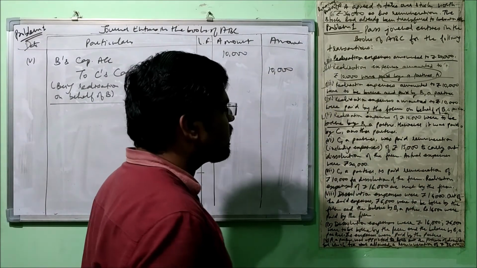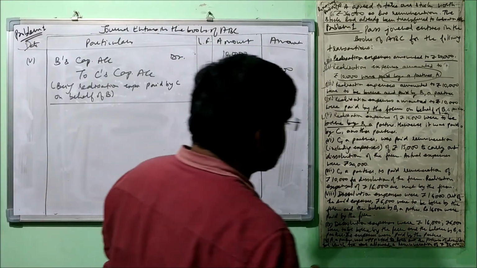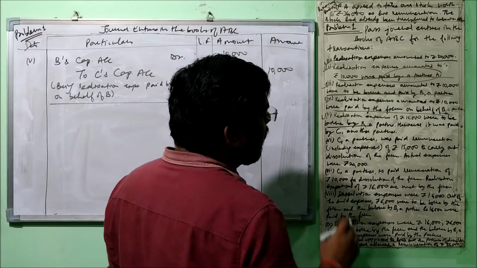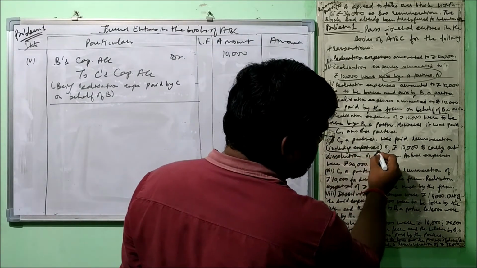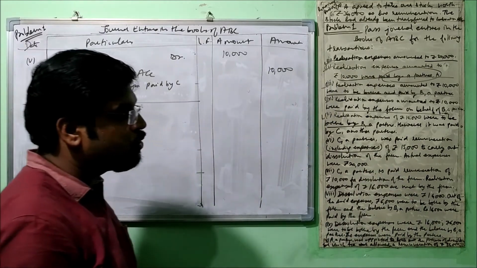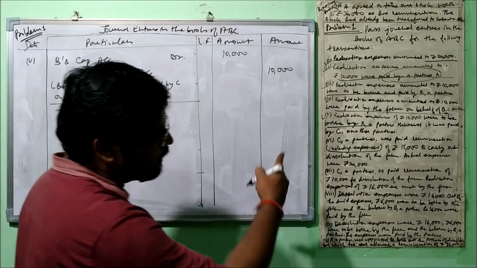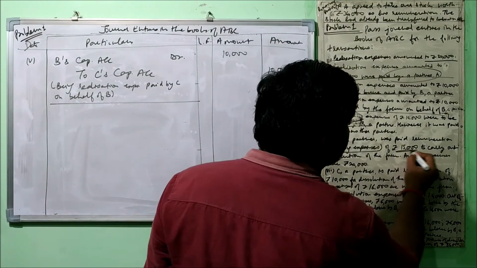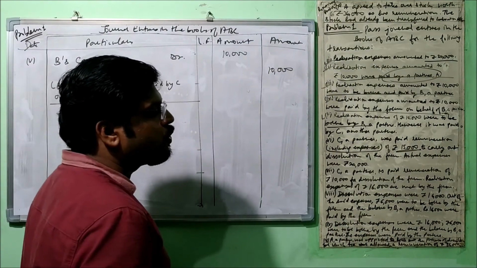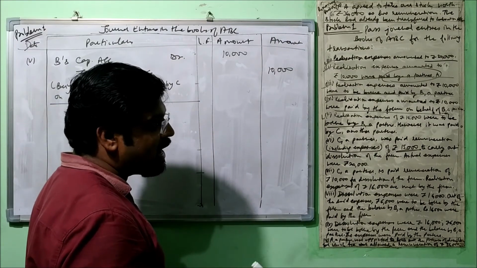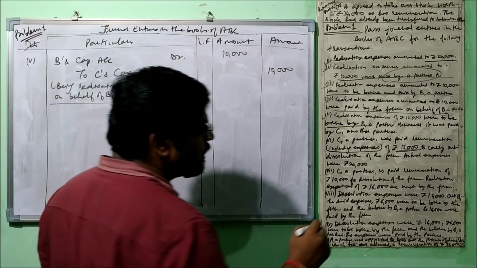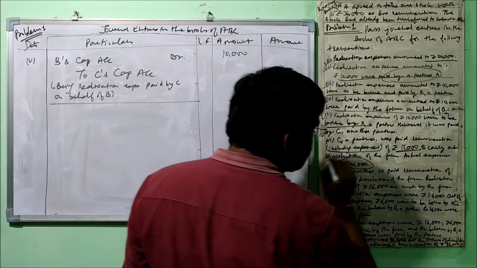Now let's read the transaction number 6. Okay, what it says: C, a partner, was paid remuneration including expenses, right? Means the first situation of the third category, including expenses of rupees 15,000 to carry out dissolution of the firm. Actual expenses were rupees 20,000. Now, in this kind of situation, understand this amount is given just to confuse you.